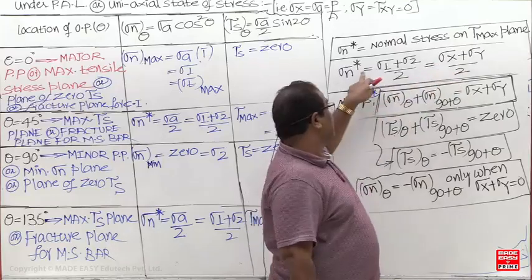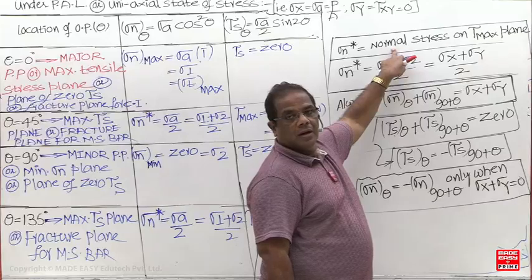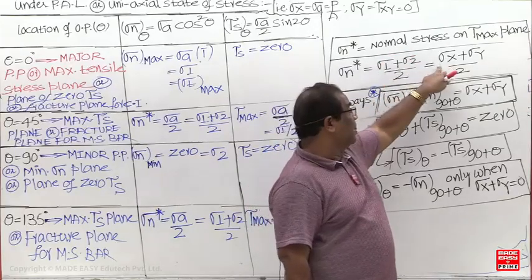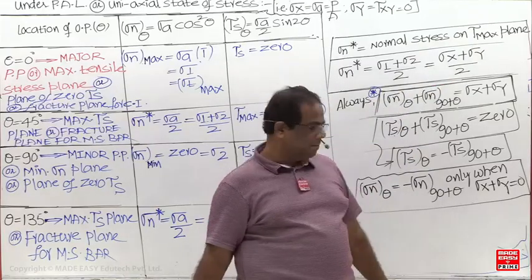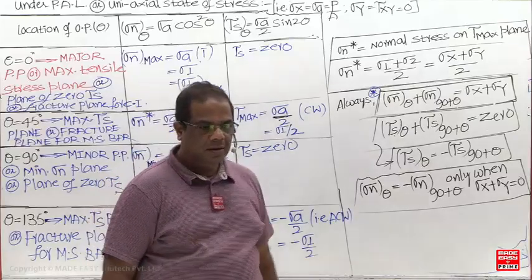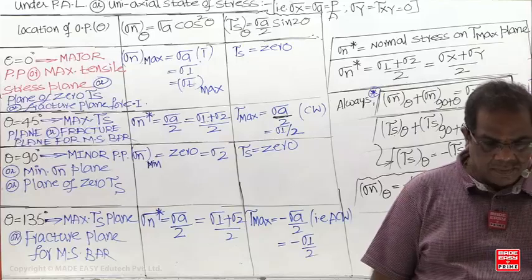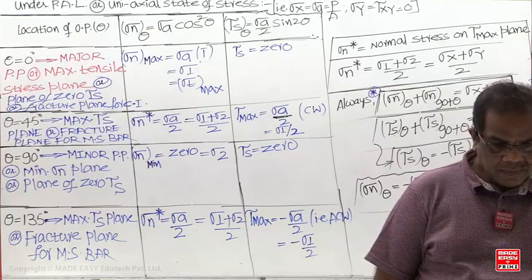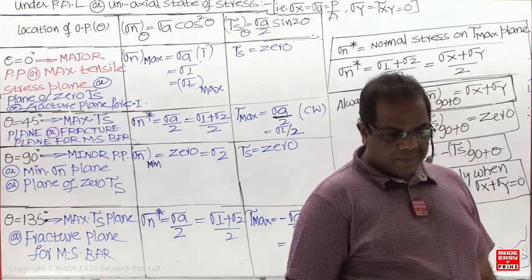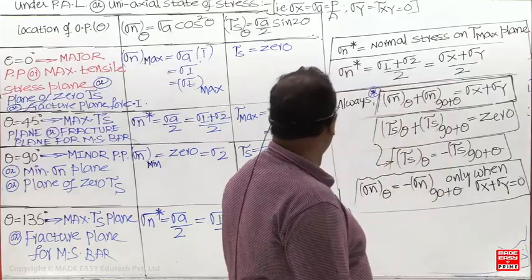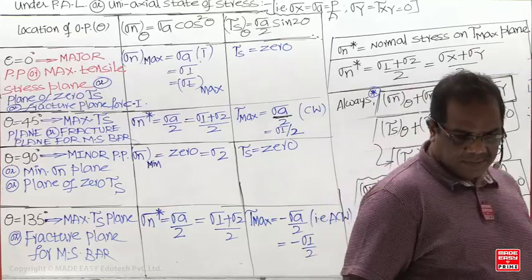Whenever sigma x plus sigma y is non-zero, this is non-zero. Now write down these conclusions. Now the definition of the principal planes.